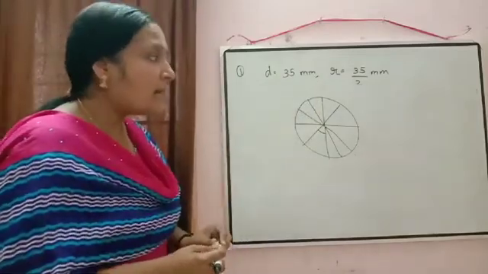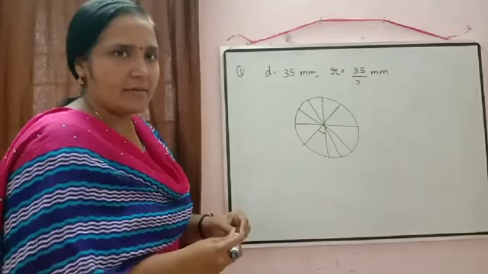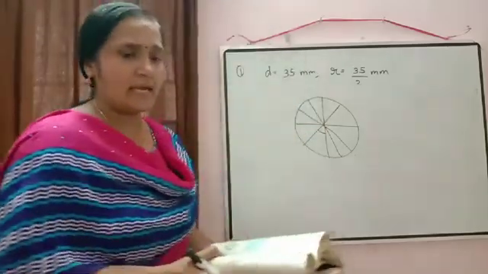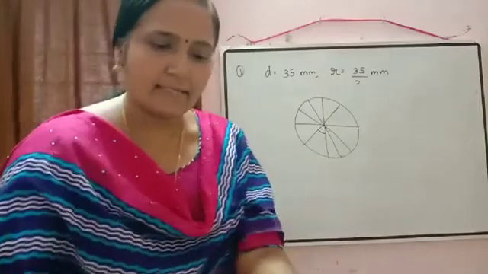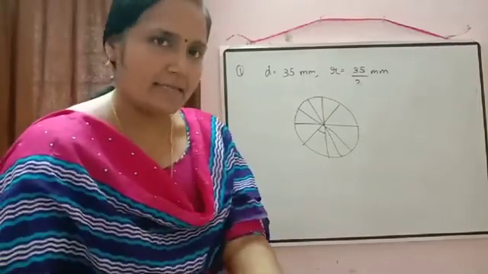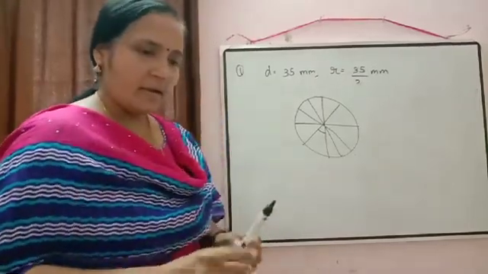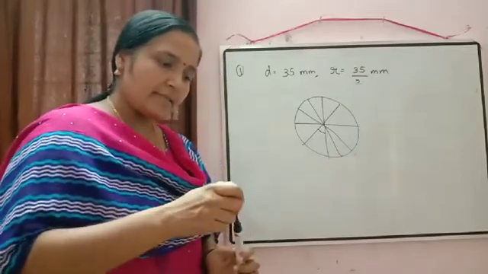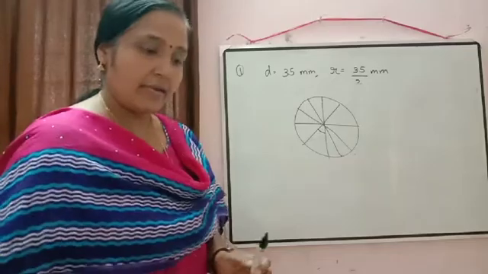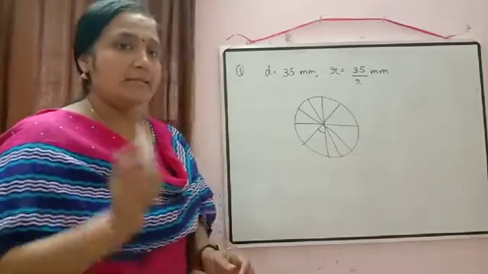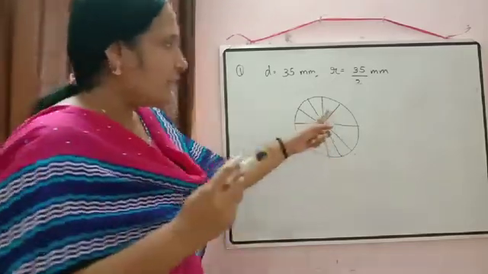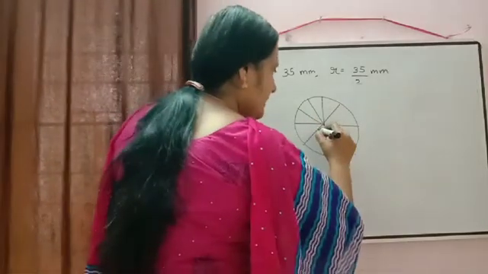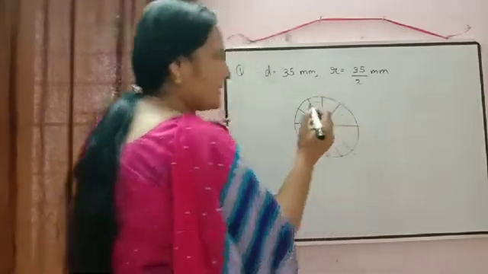What will be the angle subtended at the center? Because to find out the area of sector we need only 2 things: angle subtended at the center and the radius. Radius is already given. Now you just check there, it is divided into how many parts there? Yes, it is divided into 10 equal sectors there. So what is the total angle at the center?